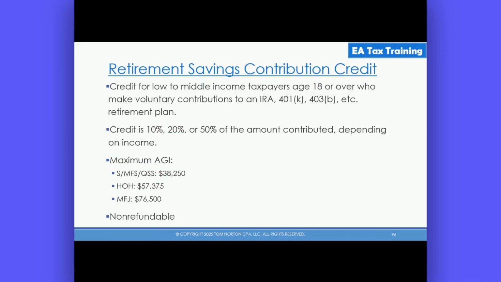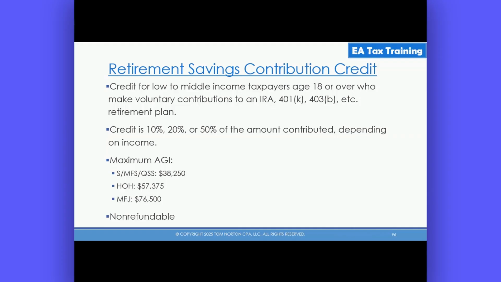Moving on to our next credit is the Retirement Savings Contribution Credit. This is a credit for low and middle income taxpayers to encourage them to make voluntary contributions to retirement savings accounts. The credit can be 10, 20, or 50% of the amount contributed, depending on income.